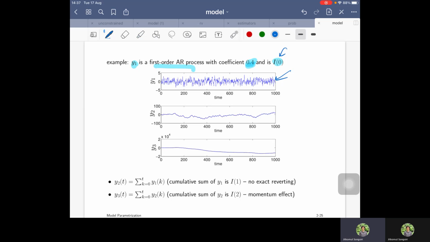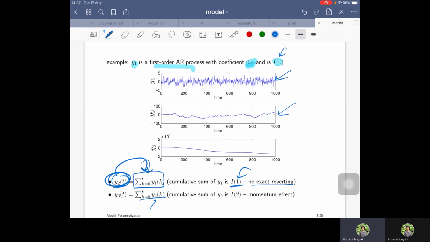But then if I make a cumulative sum of Y1, this Y2 has to be an integrated process of first order, right? Because from Y1 to Y2, I make a sum. So in order to go back to Y1, I need to take a difference of Y2. And that's how it looks for a first order integrated process. It has an effect that is called no mean reverting.